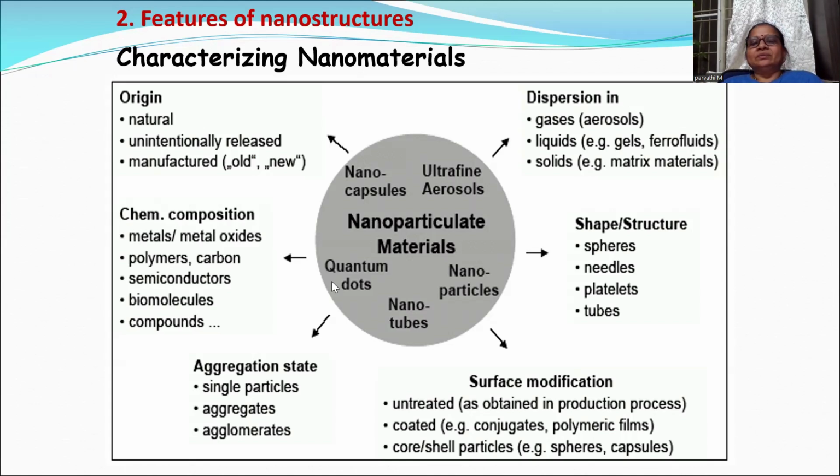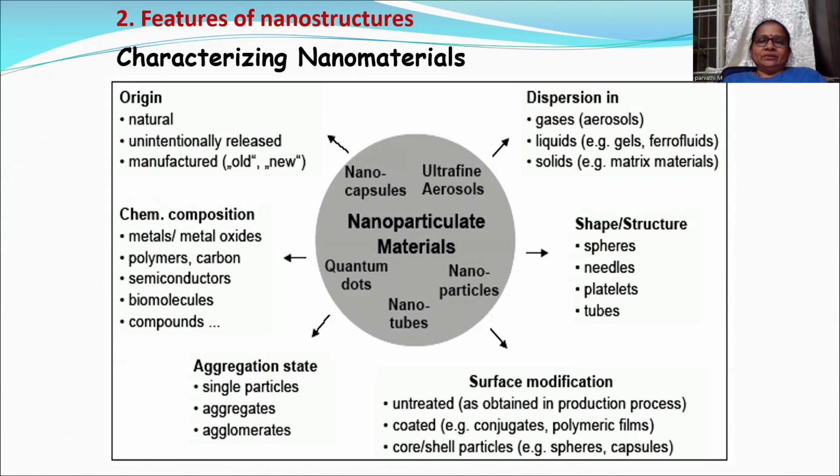Similarly, for quantum dots, chemical compositions are mainly required for identification. These quantum dots can be observed in metals or metal oxides, polymers, carbon, semiconductors, and biomolecules and compounds. Similarly, for nanotubes, you can observe aggregation state: single particles, segregates, and agglomerates. And similarly, ultrafine aerosols.